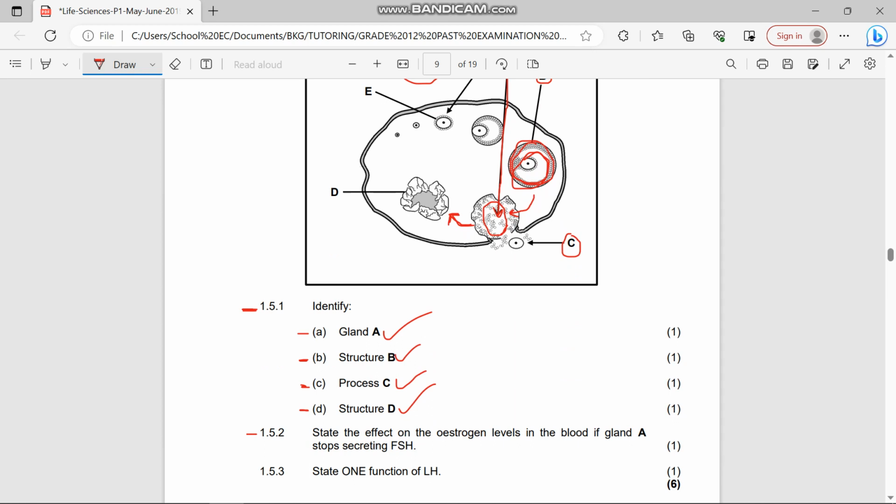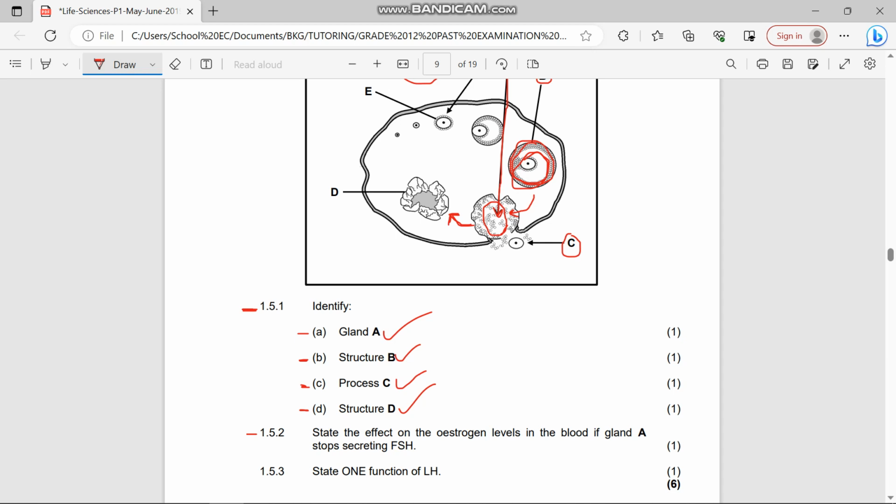You know that the FSH is stimulating the growth of the follicle to become a well-developed follicle so that it can carry the egg or the ovule. That follicle being stimulated by the FSH is also secreting the estrogen. So if there is no FSH, there will be no estrogen because there will be no follicle, right?